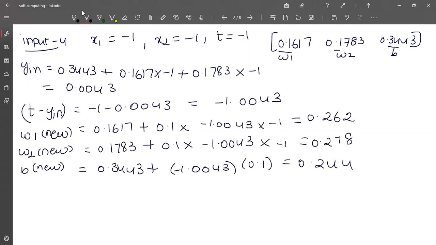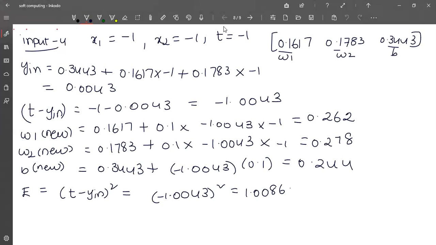Okay, and finally we have to calculate error value, that is T minus Y whole square. So minus 1.0043 square, that is 1.0086. Fine. So with this we completed one epoch.